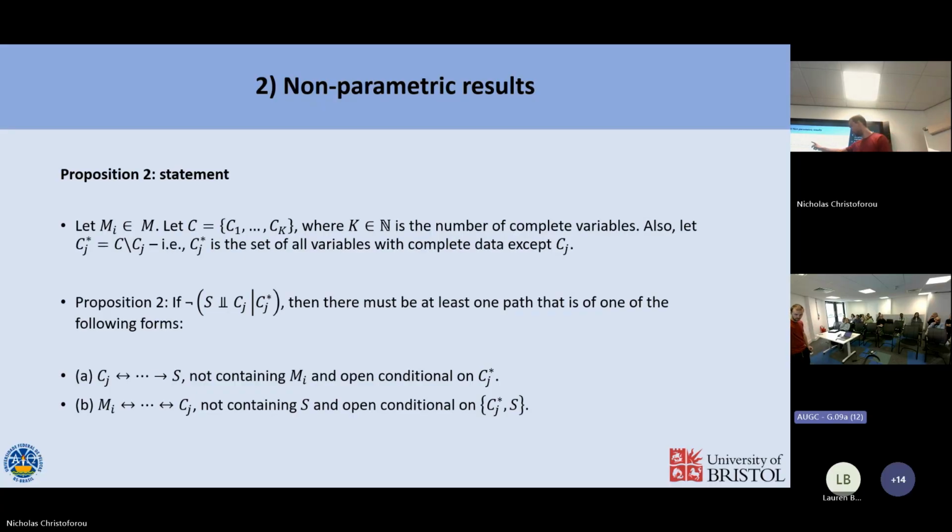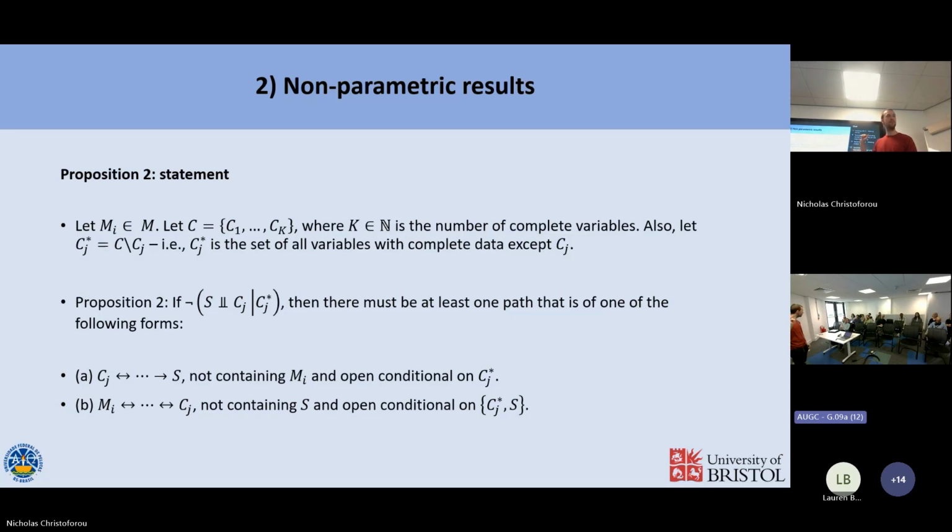So if this dependence condition is true, then given assumptions A1, A2, and A3, I know that either A or B is true. A is I have an open path between Cj and S that points into S, not containing the incomplete variable I'm looking at right now, and that is open conditional on Cj star.